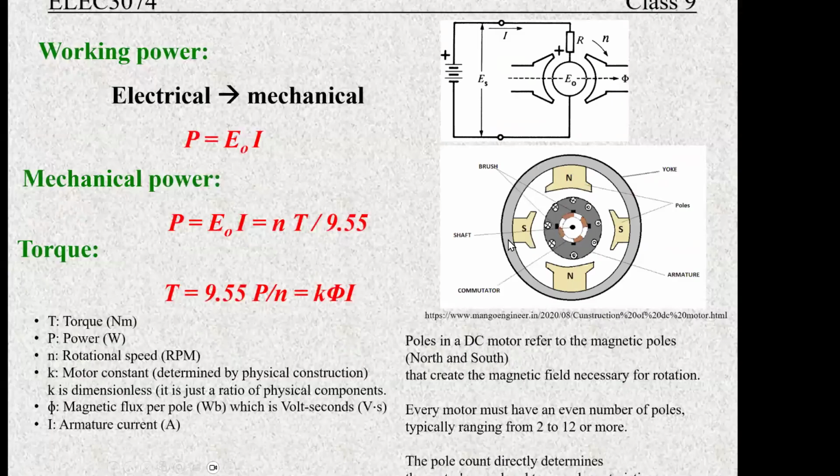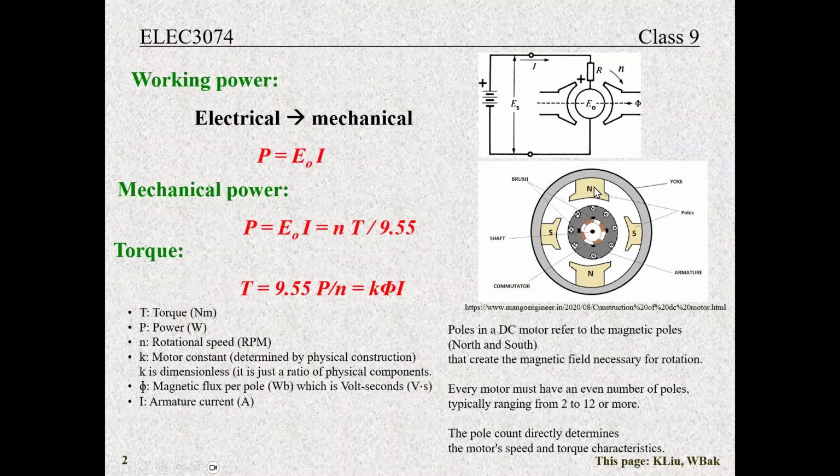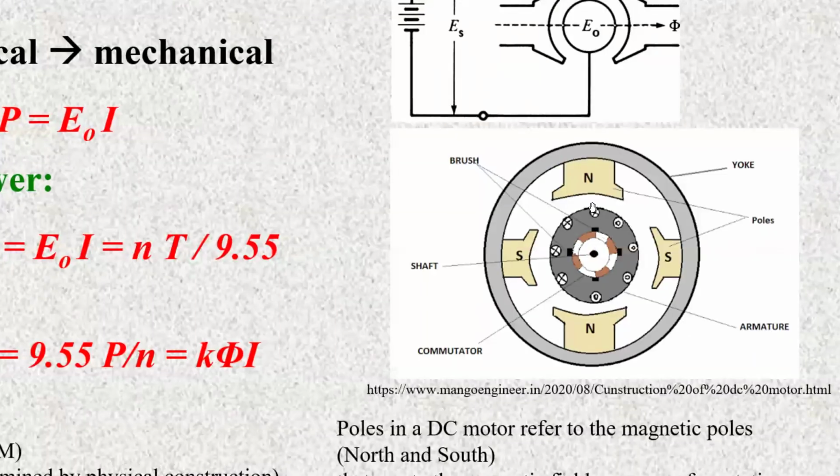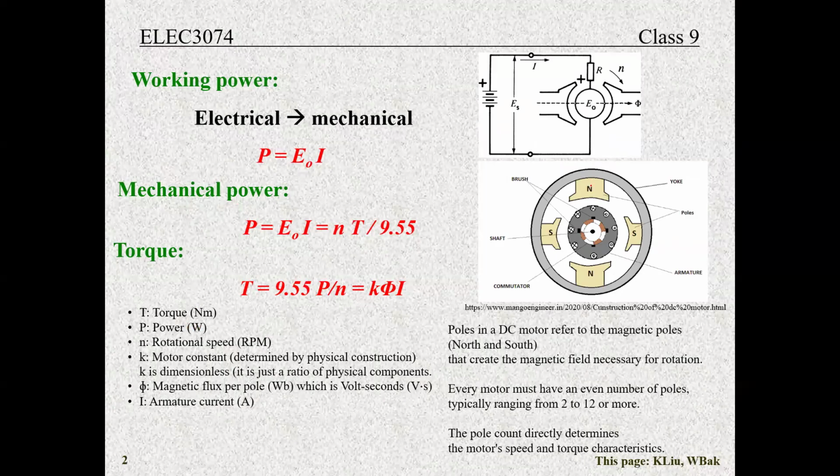All the windings have a north and south pole. So there should be one set of winding with north, south, and there would be north and south here.